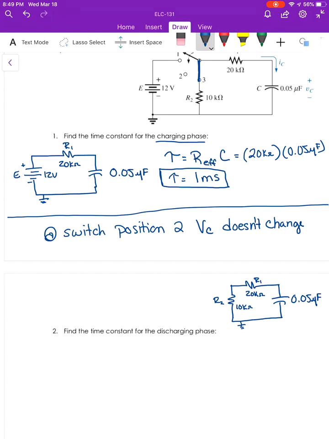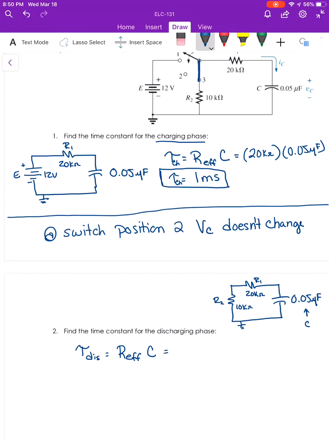Okay, so in this case, we're looking for the time constant for the discharging phase. This was the time constant for the charging phase here, and it might take a different amount of time for the discharging phase. We'll just have to see. So it's still going to be the effective resistance times the capacitance. Capacitance is the same, 0.05 microfarads, but now we've got R2 in the picture.